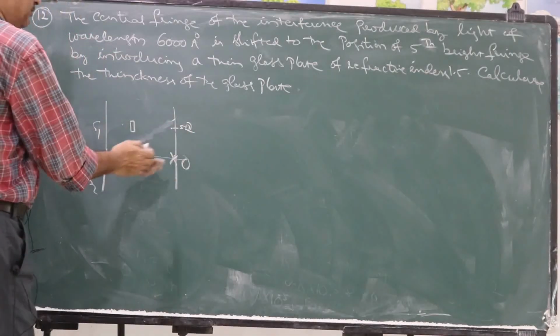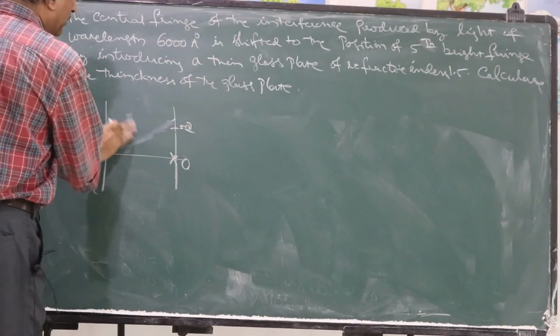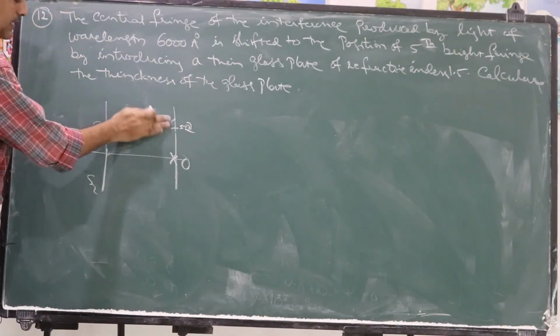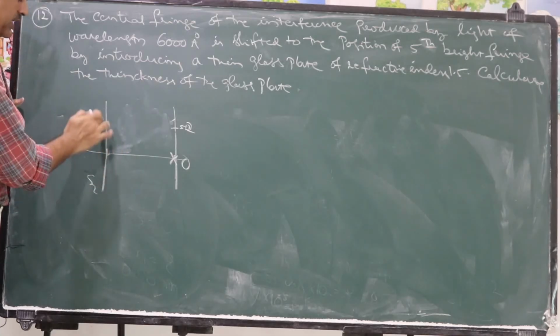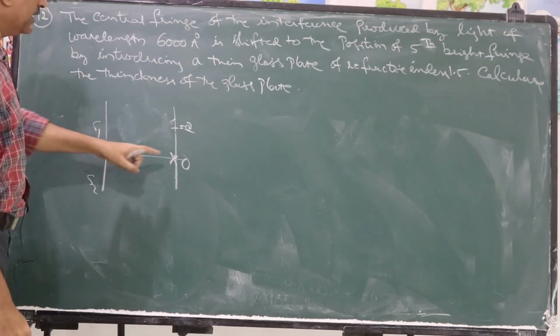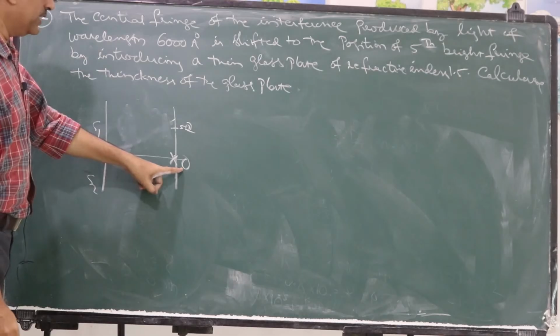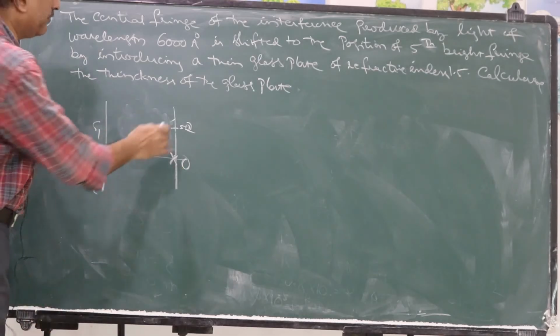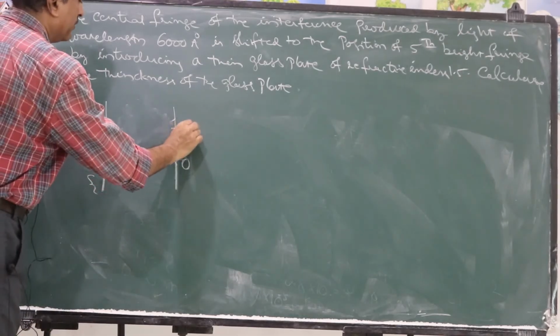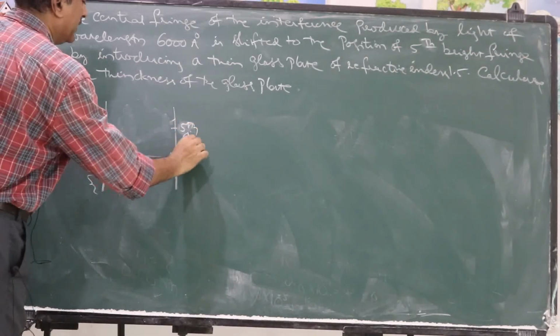That means if there is no glass plate in the path of any one of these interfering beams, central maximum is at the position O. And 5th bright position is this one, at a particular distance x.